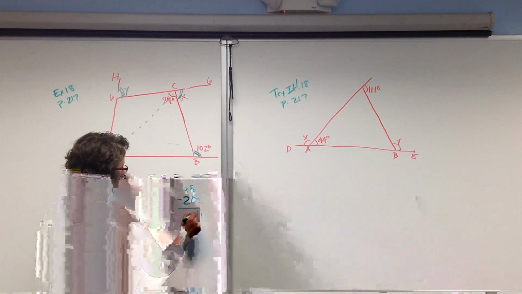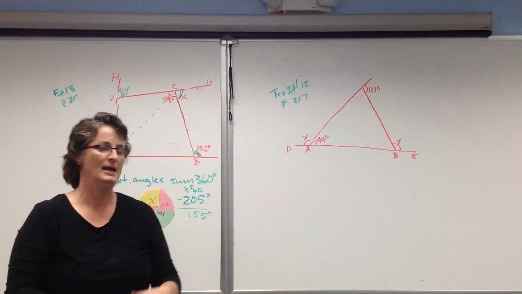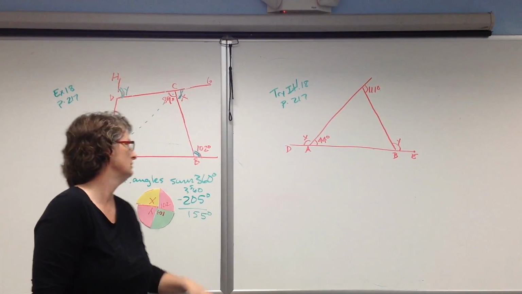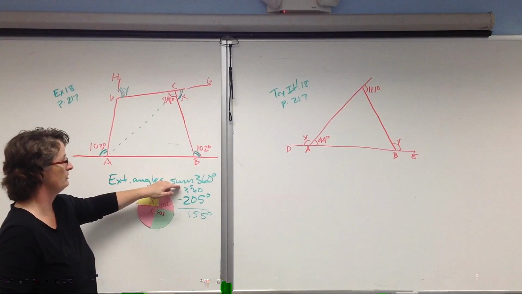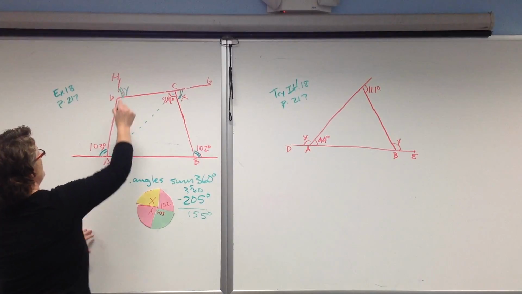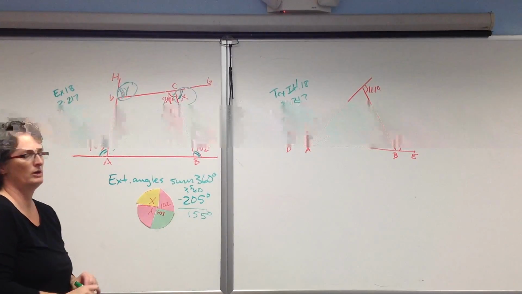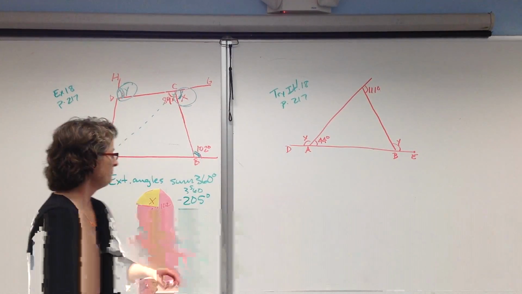It's 155 degrees. Okay? And that's because of that rule that says that the exterior angle sum is 360 degrees. So we know that this plus this one has to equal 155 degrees.